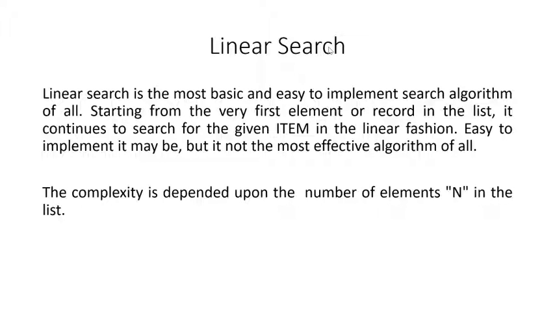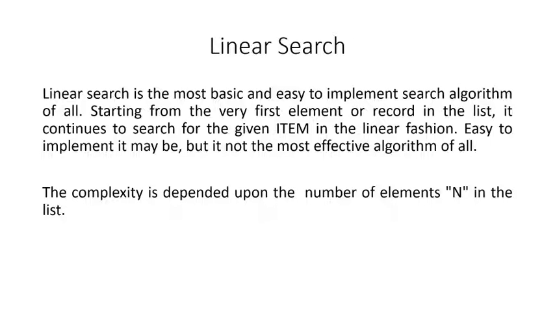So what is a linear search? Linear search is the most basic and easy to implement search algorithm. Basically, it is so easy because it does not apply any logic for the optimization of the search. Starting from the very first element or record in the list, it continues to search for the given item in a linear fashion.